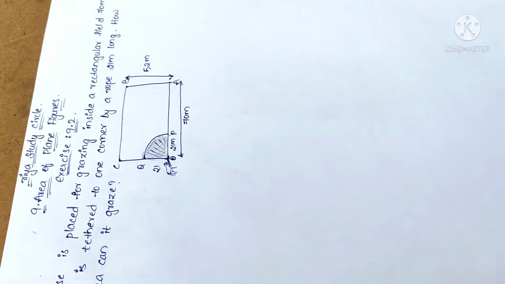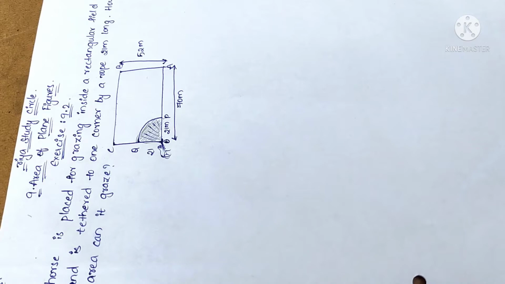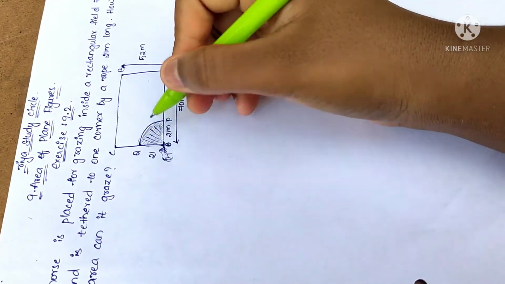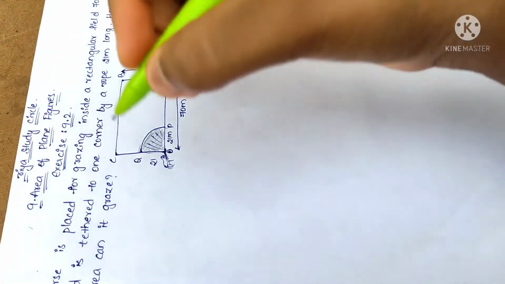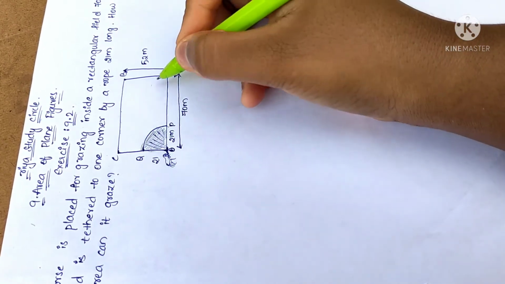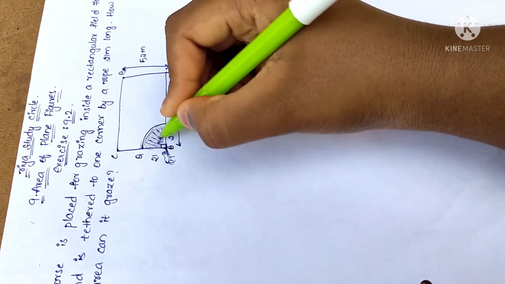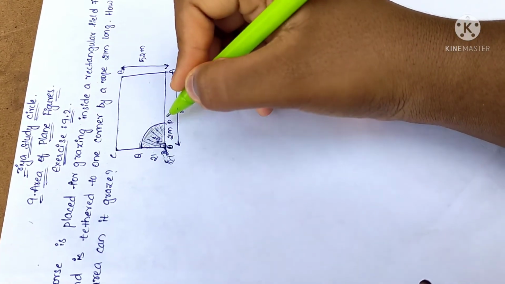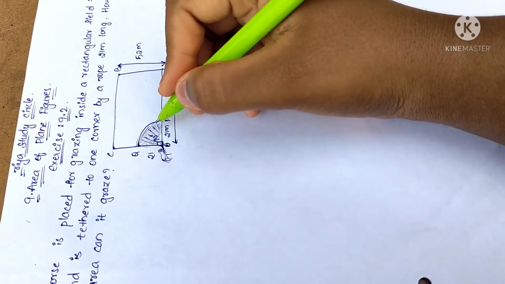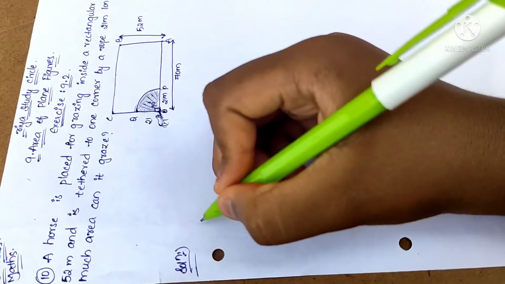Since it is a rectangular field and it is tethered at the corner, the angle is 90 degrees, and OP equal to OQ equal to 21 meters. So we can easily find the area of the sector.